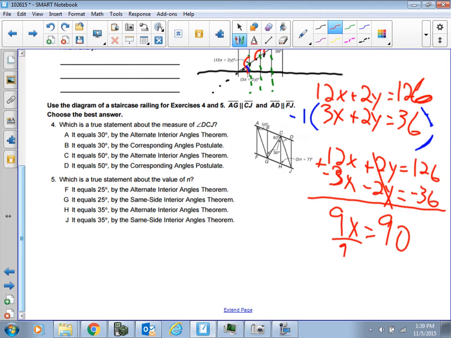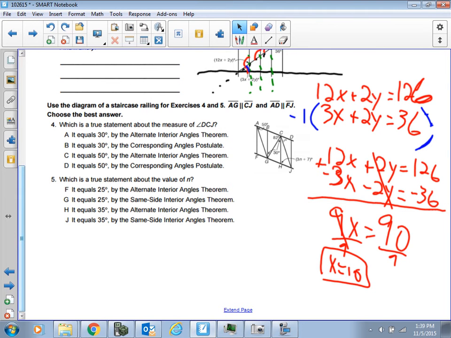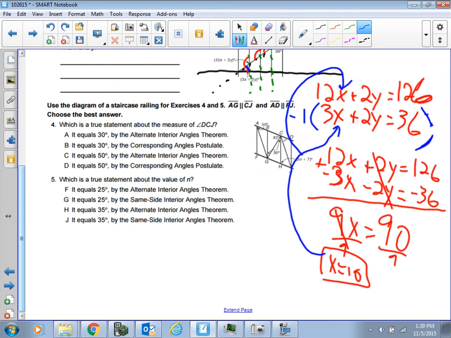And we end up with x is equal to 10. That's our value for x. Now, since we know x, we can come back in and plug in for y. I can plug into either one of these equations. I'm going to use the bottom one since it's got lower numbers. So we can do 3 times 10 plus 2y is equal to 36. And 30 plus 2y is equal to 36.